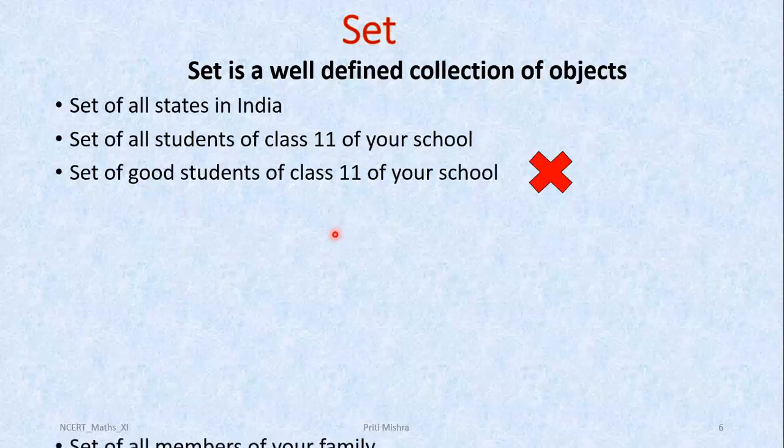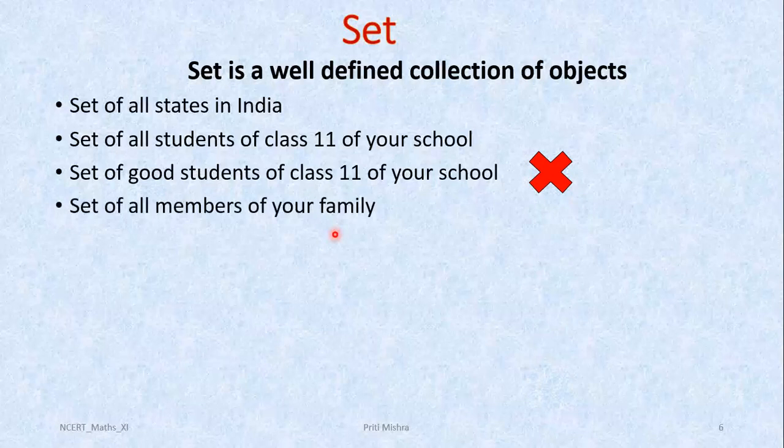Now let's have another example. Here I am saying set of all members of your family. Yes, it's a set because all members of your family have the same identity, that they belong to the same family. So they all will make a set.